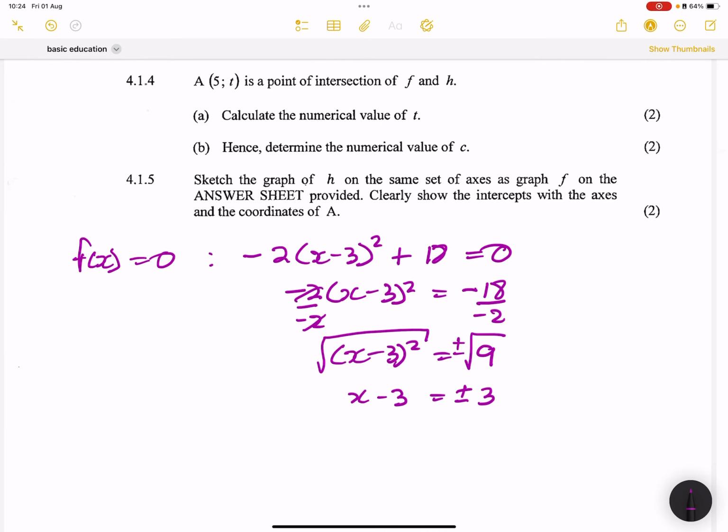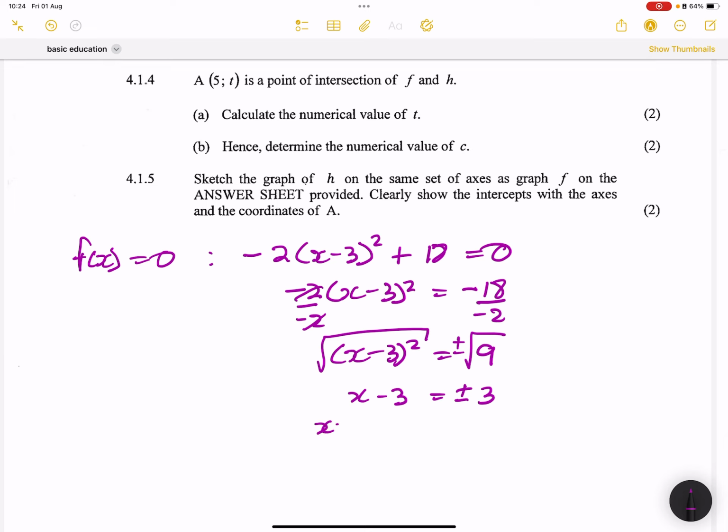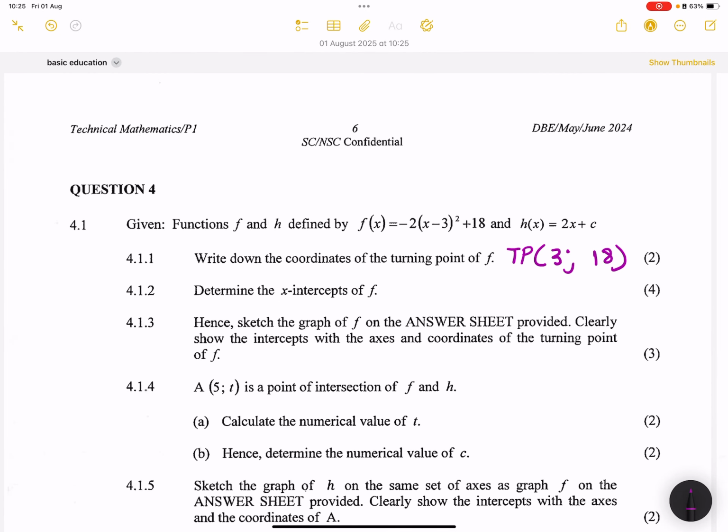And what do we have ultimately? We've got x minus 3 is equal to positive 3, or x minus 3 is equal to negative 3. And you'll see that we've got x is equal to 6, or x is equal to 0. So those are the two values that I get, which means our x-intercepts would be 0 and 0.